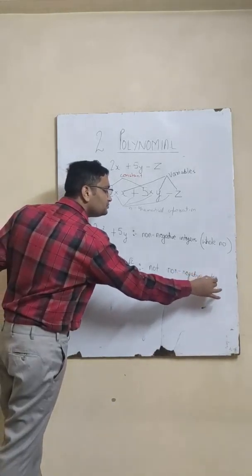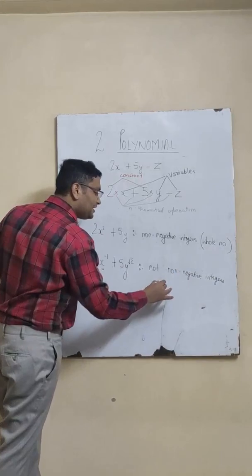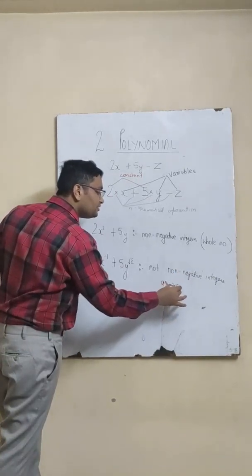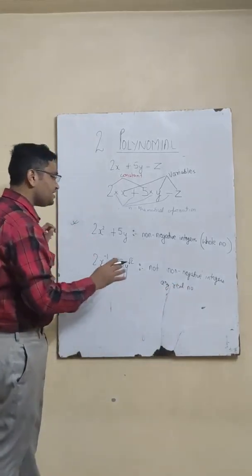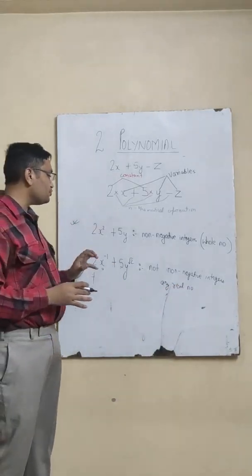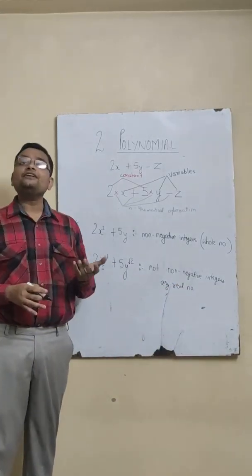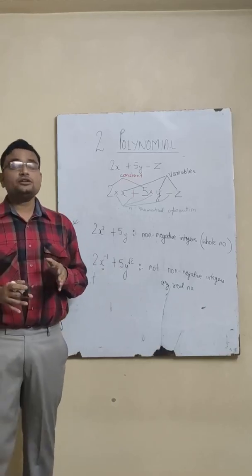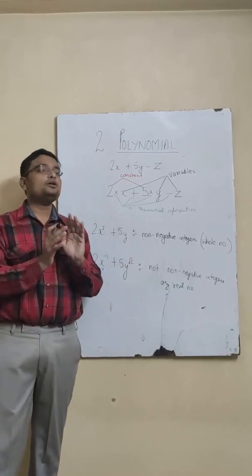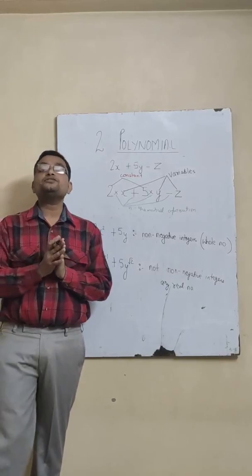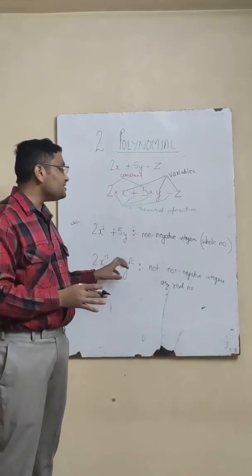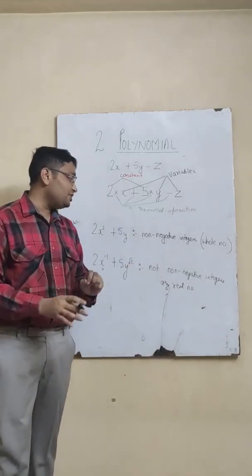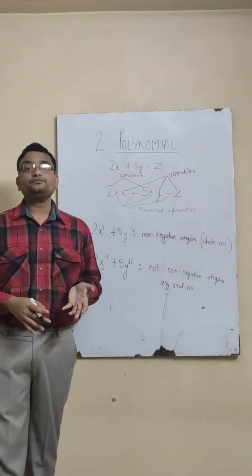They are any real number, because I will not differentiate what is -1 and what is root 2. Actually, -1 is a negative integer and root 2 is an irrational number. So I am not talking about all the terms which you have studied in real numbers. I just write here that the power of variables is not a non-negative integer. They are any real number.